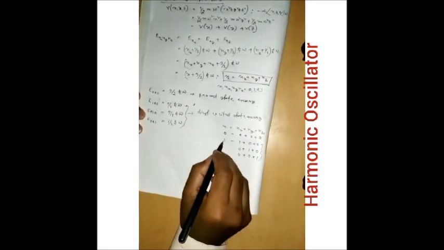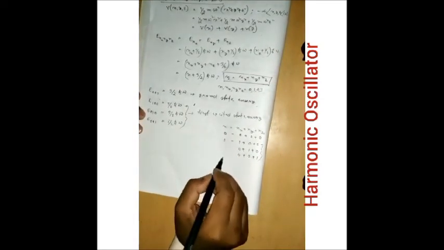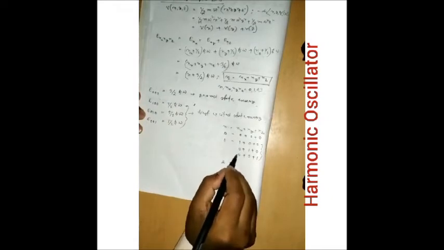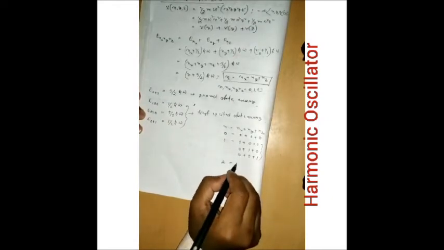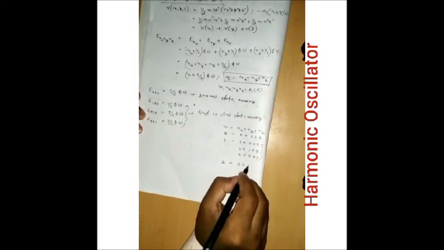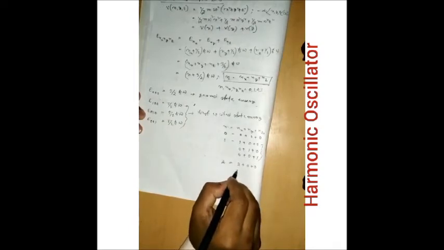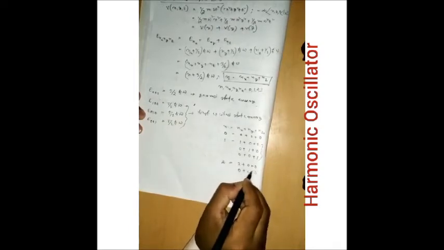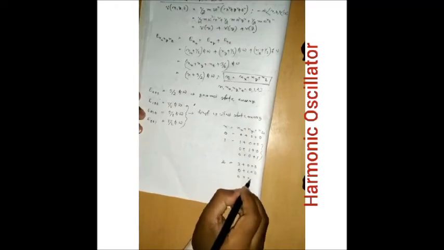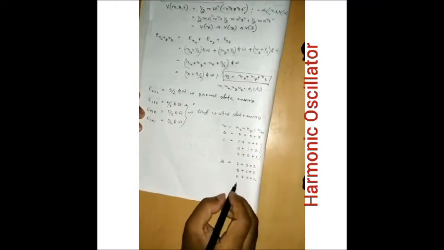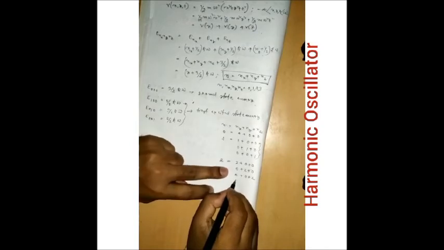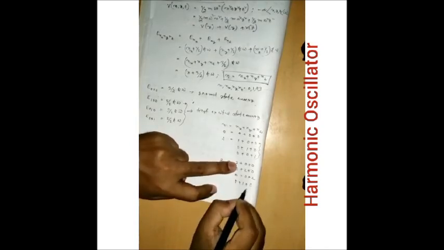Similarly, we can find out the second excited state energy. For second excited state energy, I have to take n equal to 2, isn't it? So how many combinations will be there? I can write 2 plus 0 plus 0, or 0 plus 2 plus 0, or 0 plus 0 plus 2, or I can write 1 plus 1 plus 0, clear.